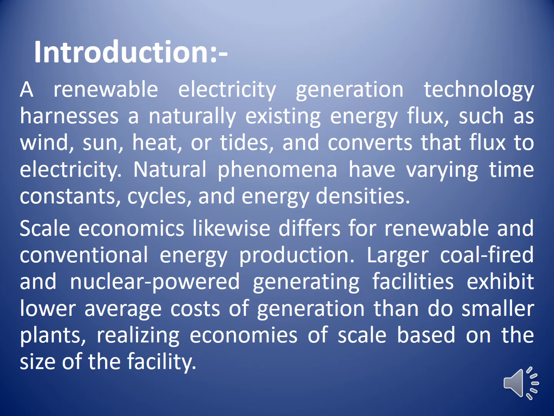Generation technology, naturally existing energy flux and scale economics likewise differ for renewable and conventional energy production. Large coal fired and nuclear power generating facilities exhibit lower average cost of generation than smaller plants, which is realizing economies of scale based on the size of the facility.